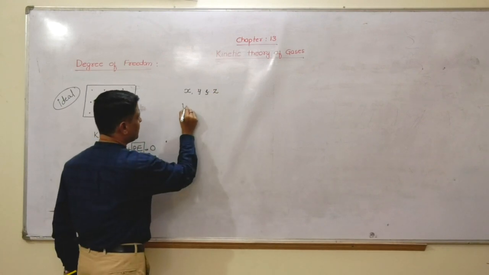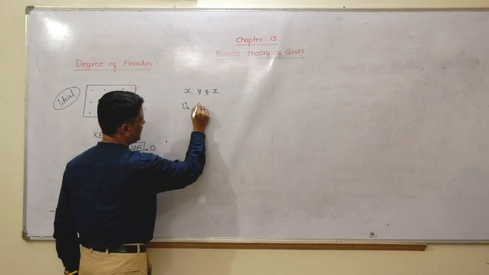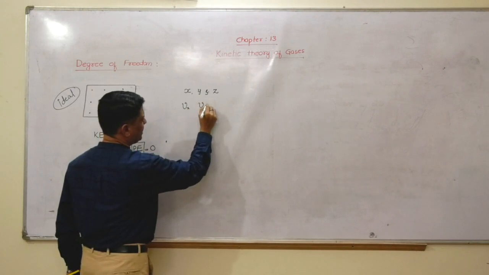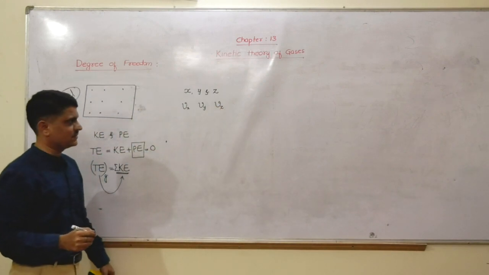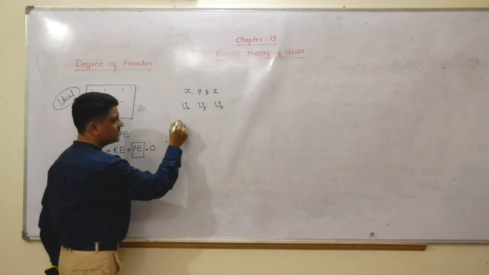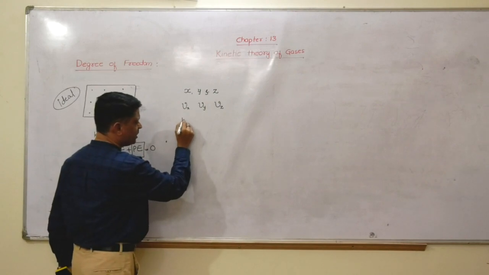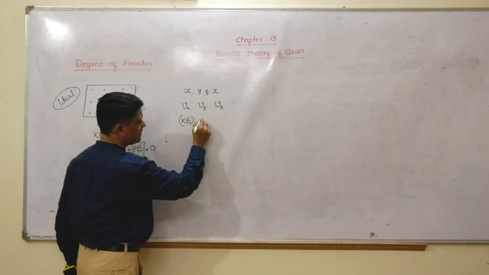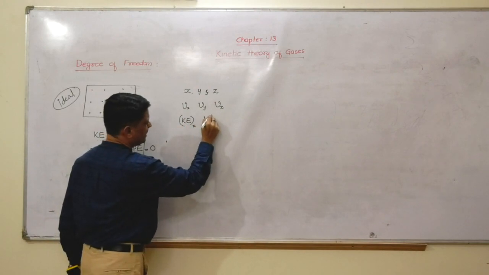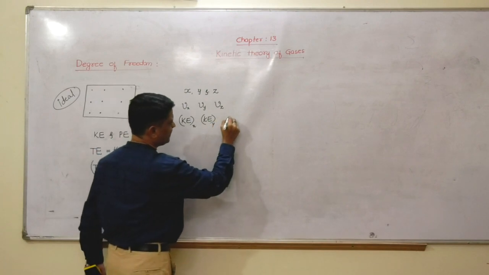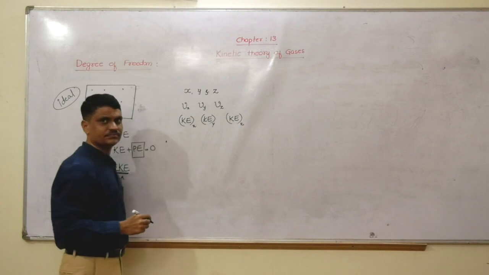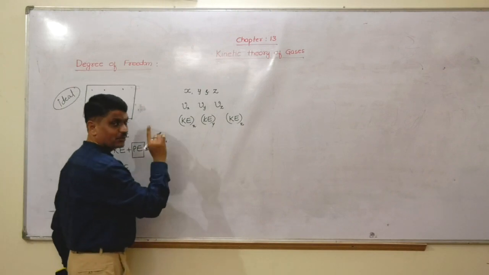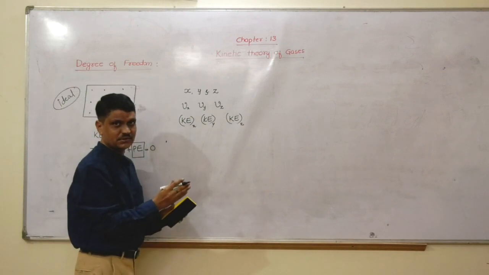It means it has velocity along the x-axis, along the y-axis and along the z-axis. Means it has kinetic energy along the x-axis, kinetic energy along the y-axis, kinetic energy along the z-axis. Then I am talking about the single atom.